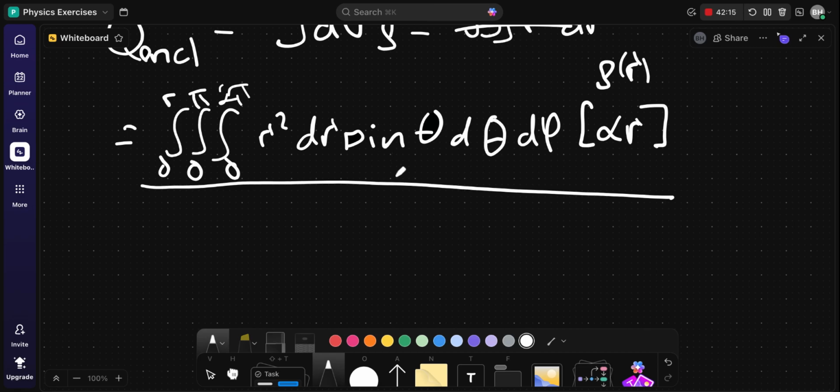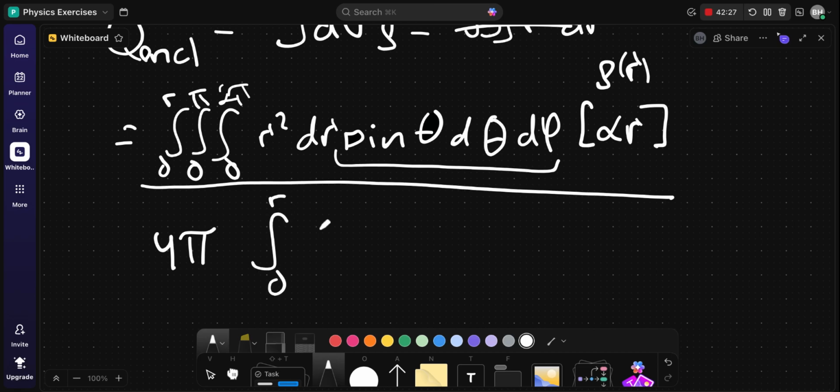Now we have to evaluate this integral. The angular integrals just give you a 4 pi. What you're left with is the integral from 0 to small r of r prime to the third dr prime times alpha. Alpha is a constant, so I can pull it out in front of the integral.